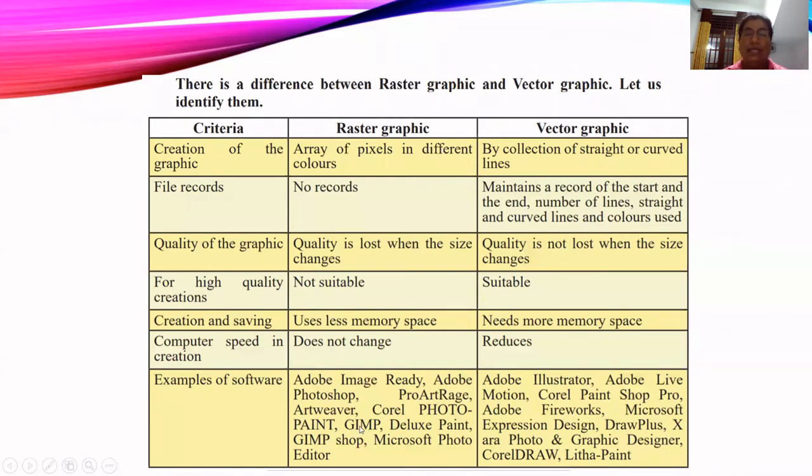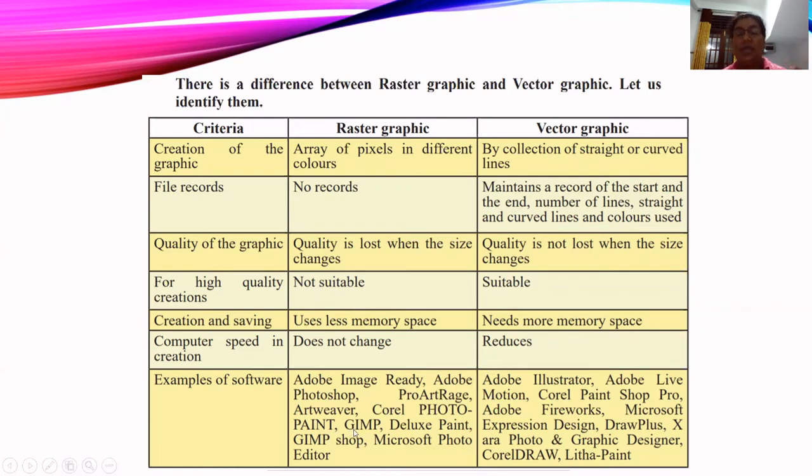Later, when you do practicals, you will use these software. Normally I think somebody is very familiar with Photoshop, but it is proprietary software. Therefore they normally give us GIMP to use, right?